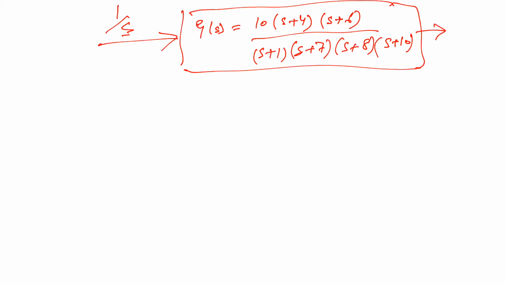Now we have to find the response by inspection only, that is, from the pole-zero plot only.